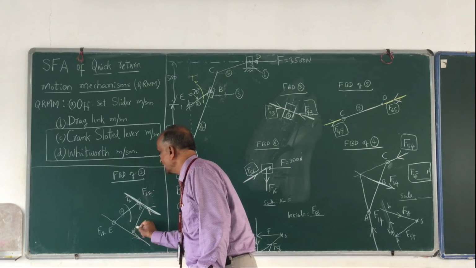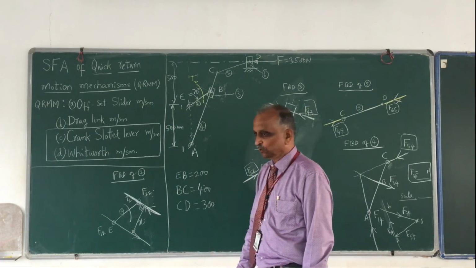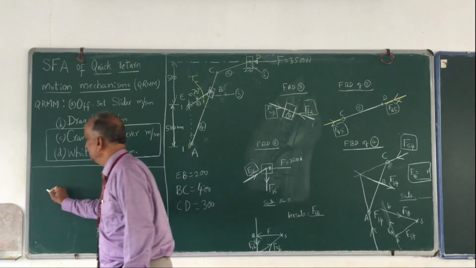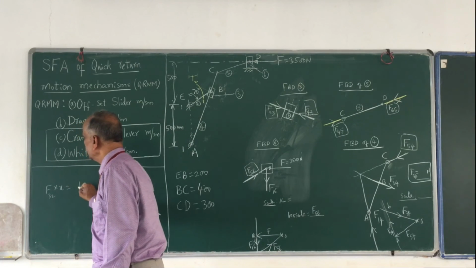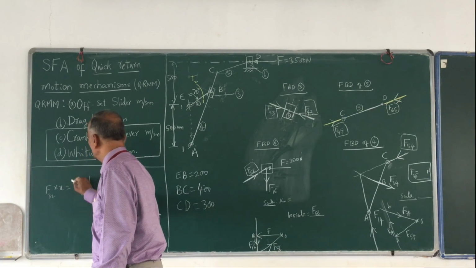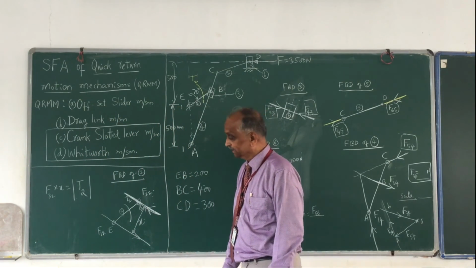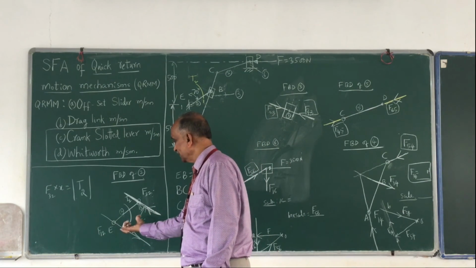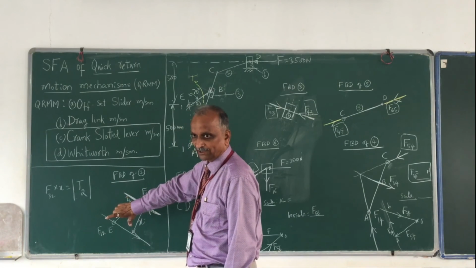Then find out, say if I call it X, the perpendicular distance between the two. And then F32 multiplied by X is equal to the magnitude of the torque T. It is magnitude, not direction. Please remember. F32 and F12 form a couple in the anti-clockwise direction.